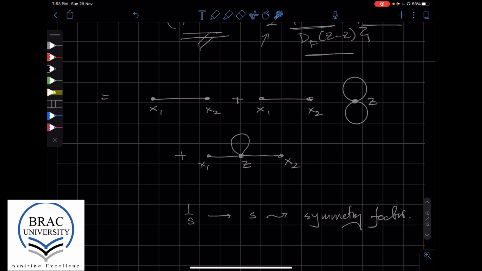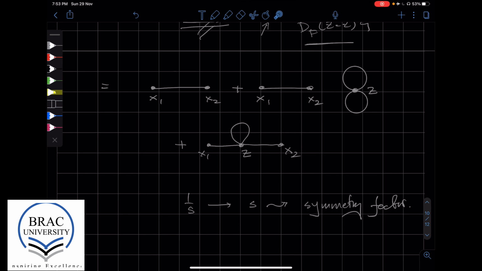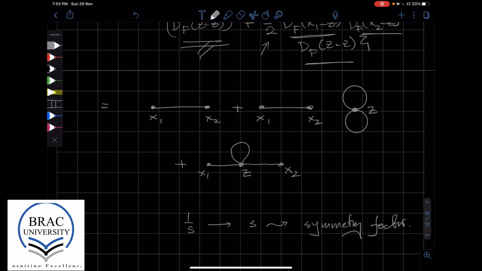So that gives us a factor of 2. And this loop similarly gives us another factor of 2. So the symmetry factor for this guy is going to be 4. Whereas here we have only one loop, and therefore the symmetry factor is going to be 2. So therefore, we can associate a symmetry factor 4 with this guy and a symmetry factor 2 with this thing.